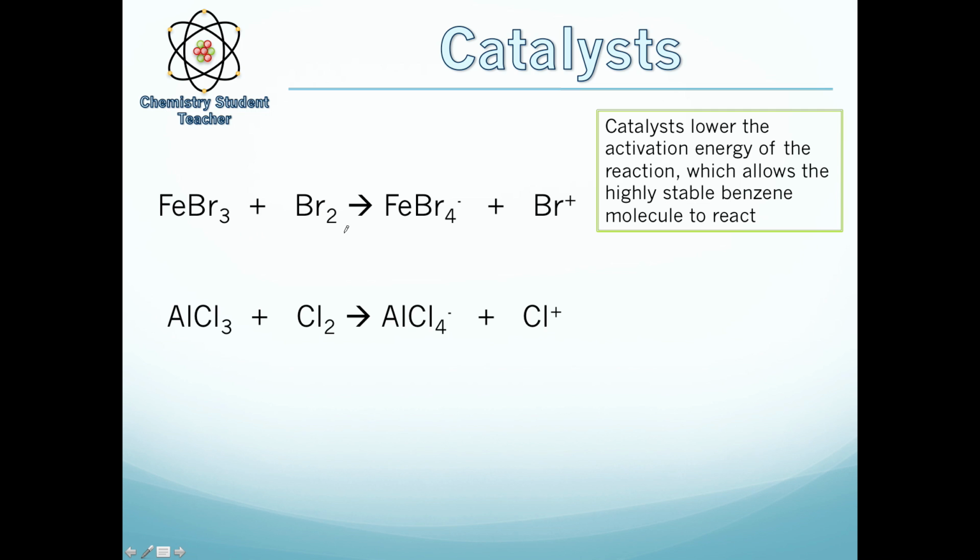The first one, if we're reacting with bromine, we have the catalyst FeBr3, or AlCl3 for chlorine, reacts with a molecule, forming FeBr4-, one of the bromines broken and one's gone off, or AlCl4-, plus the electrophile Br+, or Cl+.